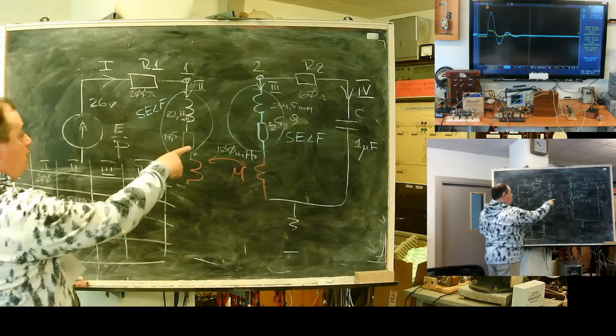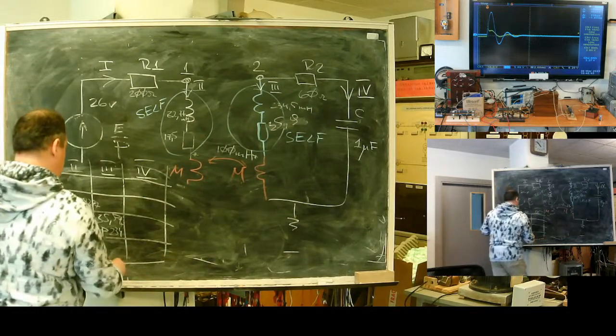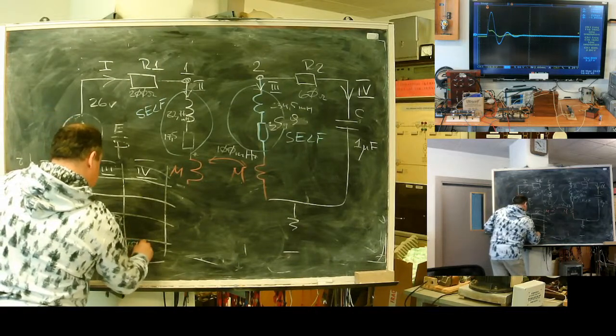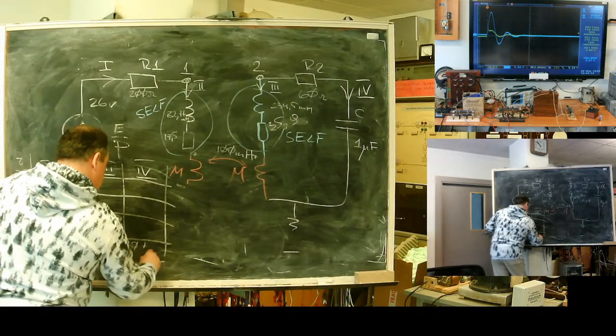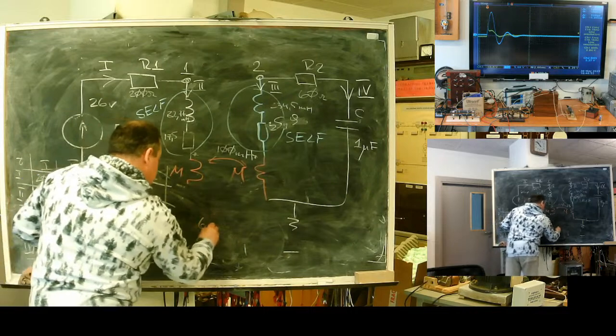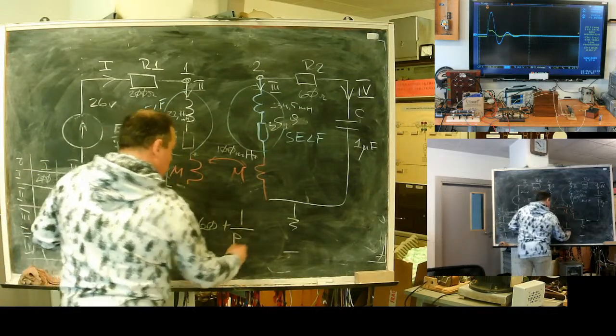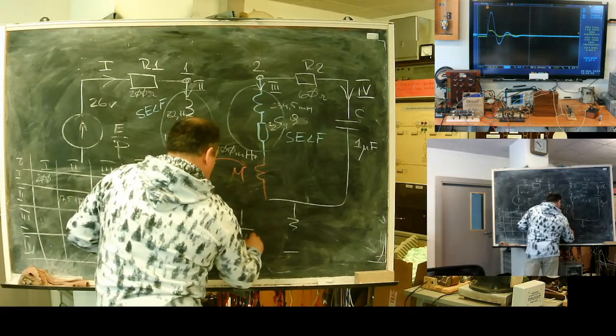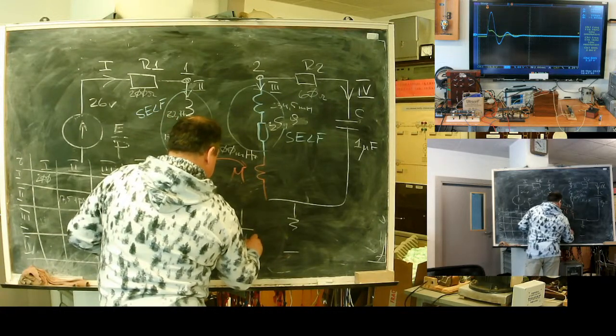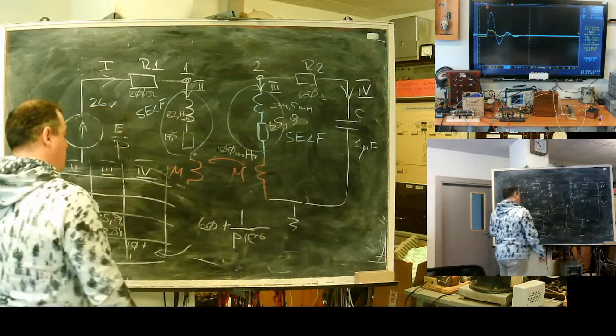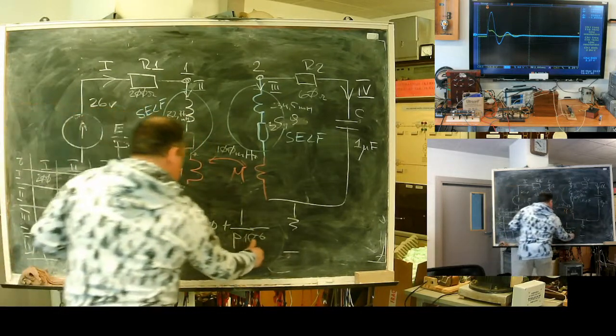And for number 4 it will be 60 plus 1 over P times 1 microfarad, so 10 to the minus 6. Okay.